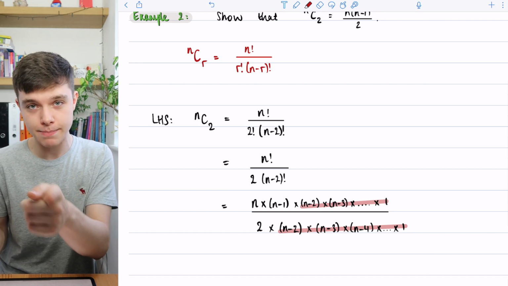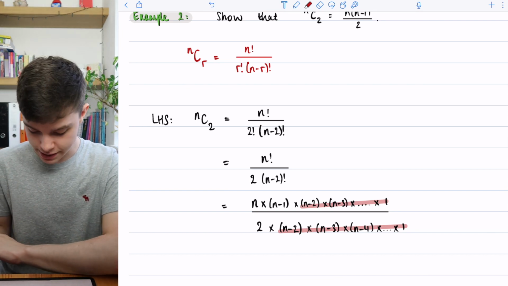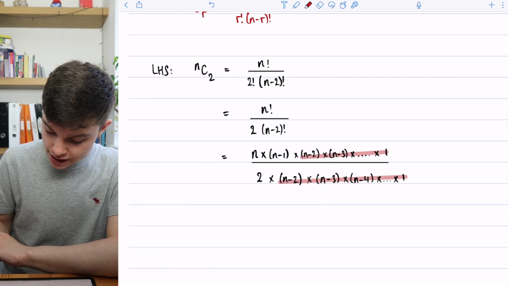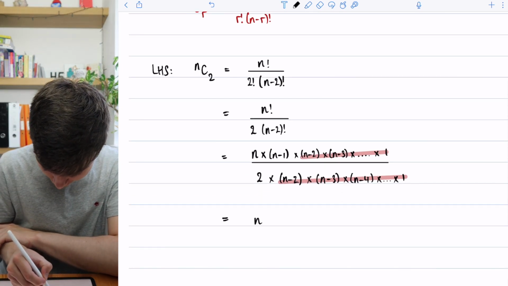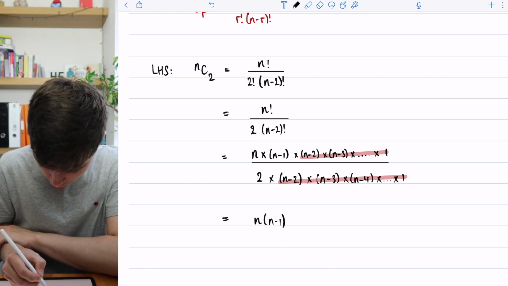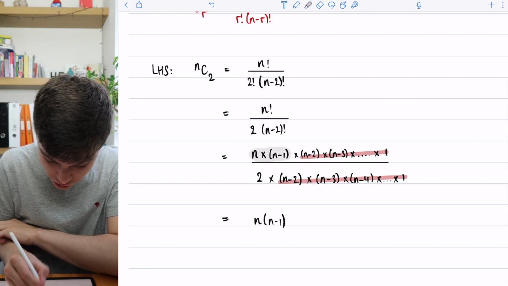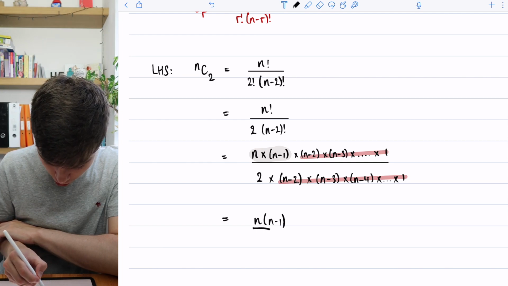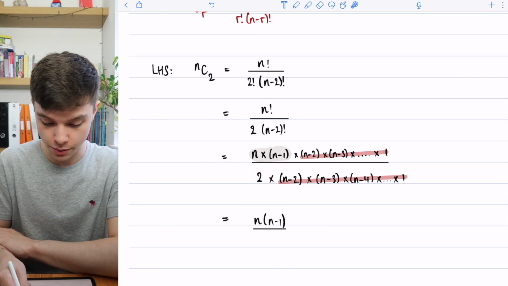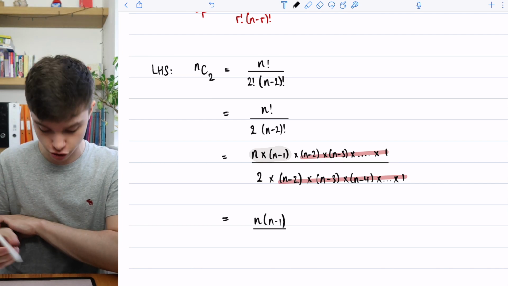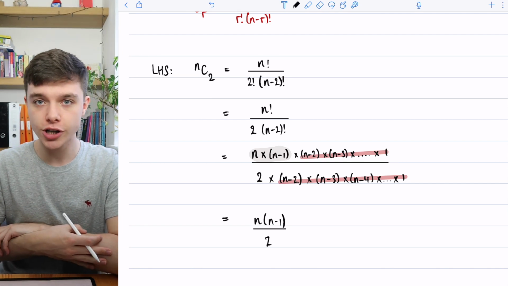And what does that leave me with? It leaves me with, on the top, n times n minus 1 from those two terms there. And on the bottom, we just had 2 factorial, but we got rid of the factorial because we don't need it. It's just 2 times 1, so that's just 2. So on the bottom, we've just got a 2.